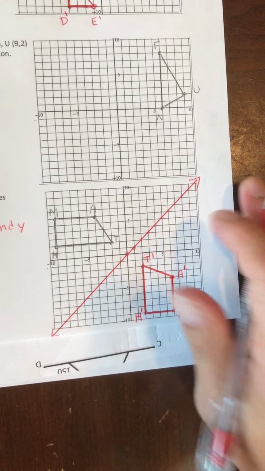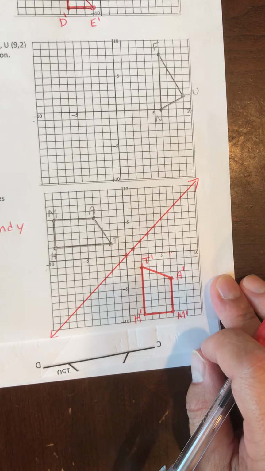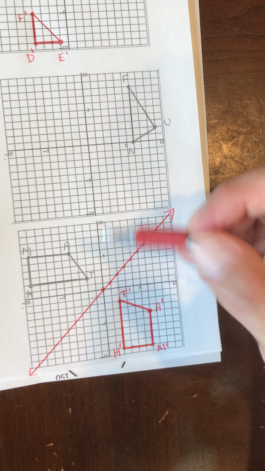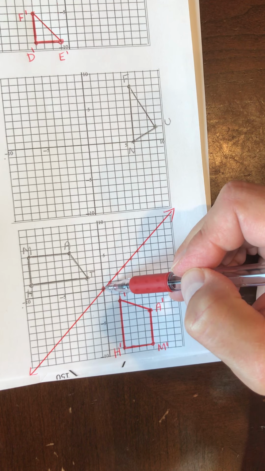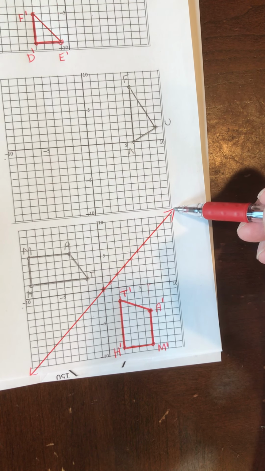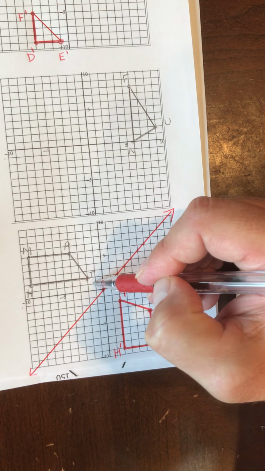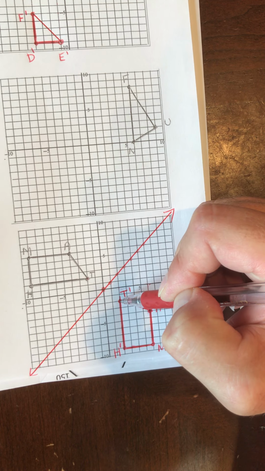If you look at it, it flipped over. And remember what I said: in any reflection, you're counting from the object to the line you're reflecting over and going the same amount. But when you do y equals x, you go diagonally. If you look at T, diagonally it's 1, 2, and diagonally 1, 2. See it? Same distance.